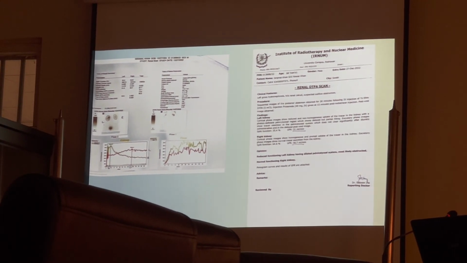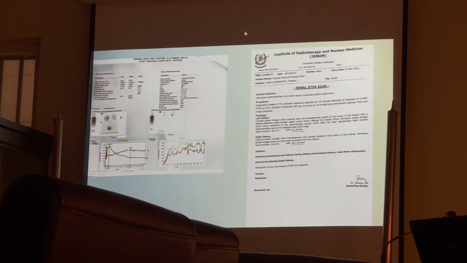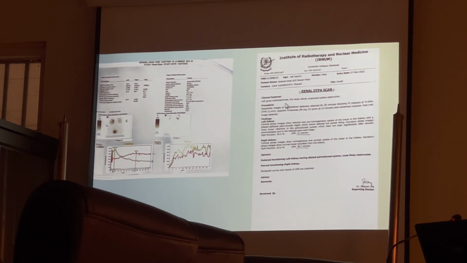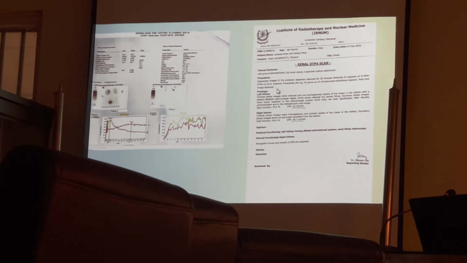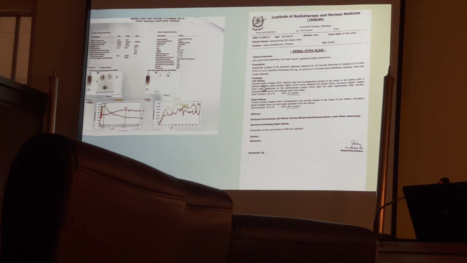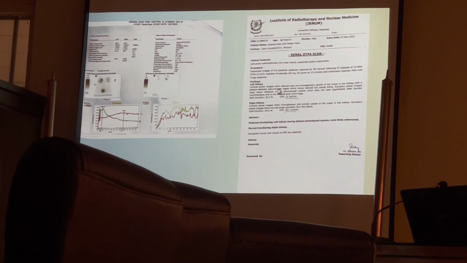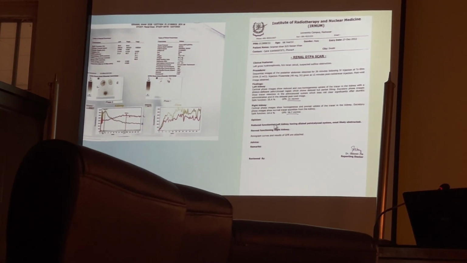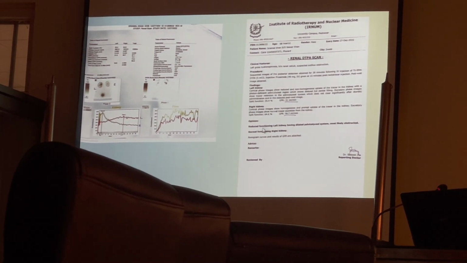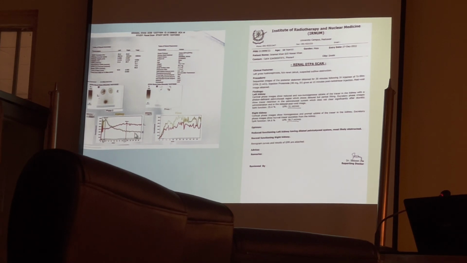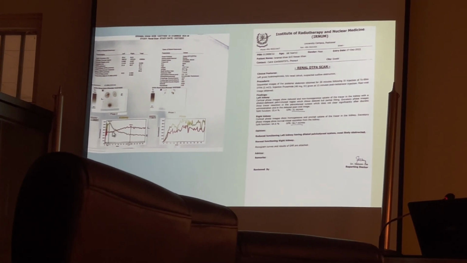This is another scan. A patient with left side gross hydronephrosis and history of renal stones. The left kidney cortical phase images show reduced and non-homogeneous uptake of the tracer and dilated pelvicalyceal system. This red graph is of the left kidney.